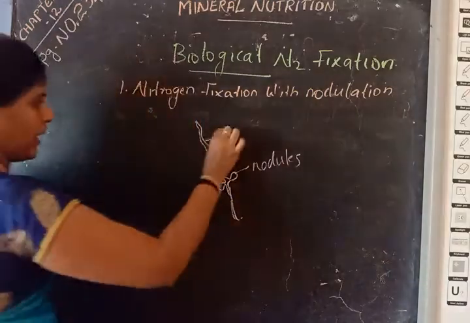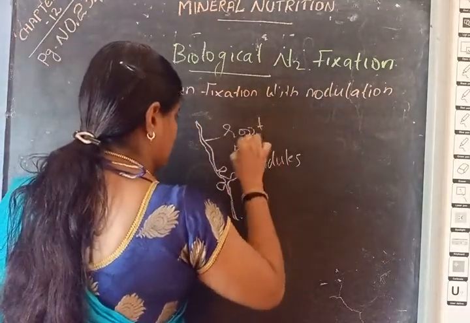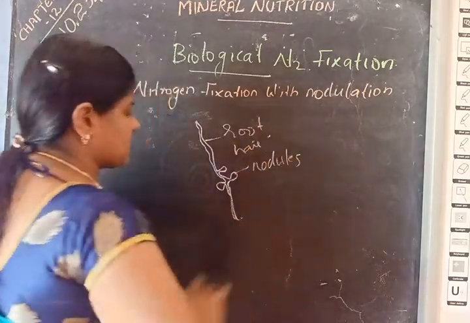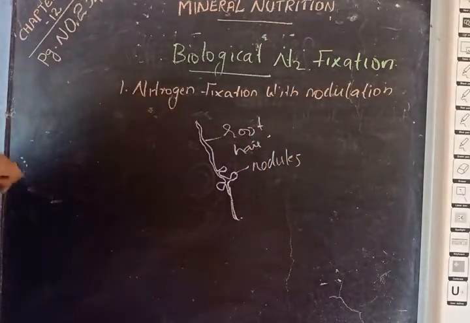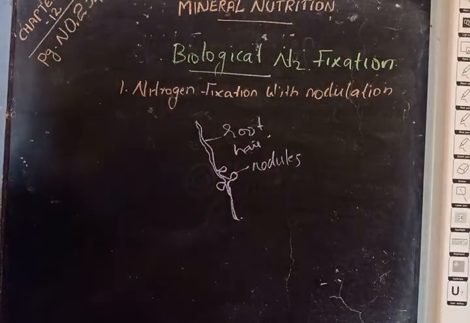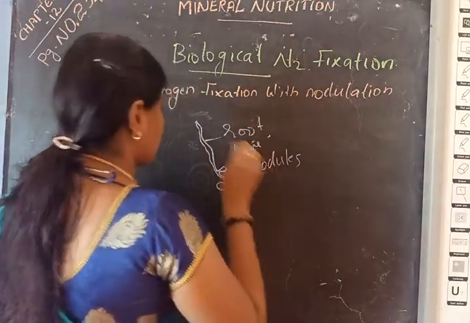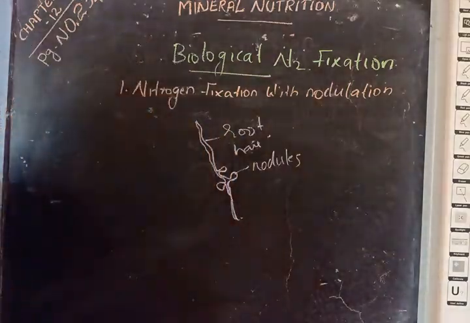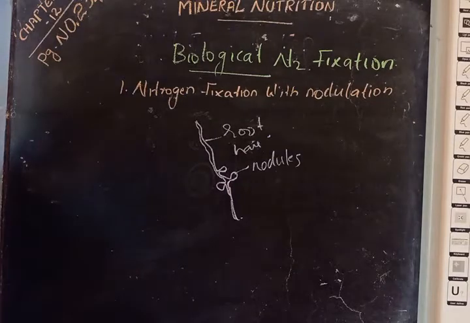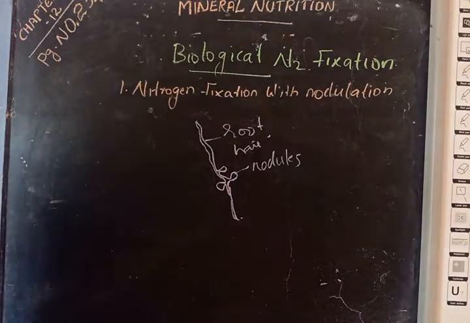Inside the nodules, cytokinin and auxin are the two hormones responsible for cell division.